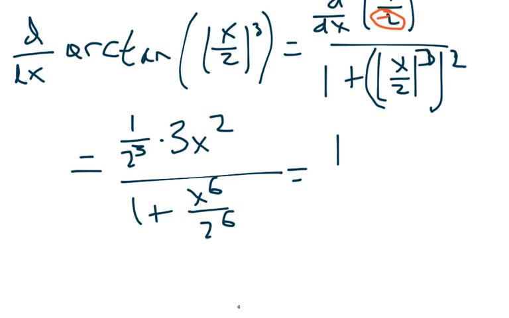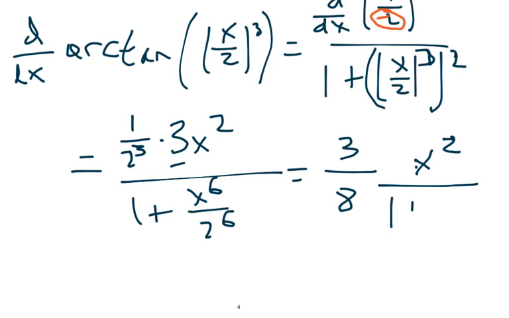Or I can write the constant as 1 over 8, because that's 2 cubed: 2 times 2 is 4, times 2 is 8. Sorry, instead of 1, let's write it as 3, because I have this as well. So I have 3 over 8, and then x squared over 1 plus x to the 6th over 2 to the 6th.